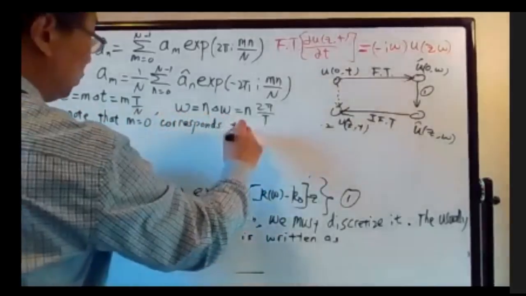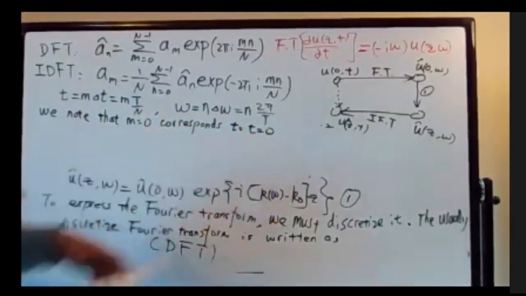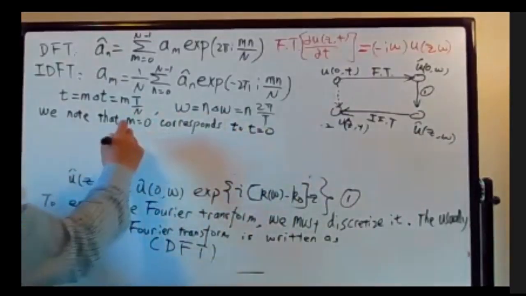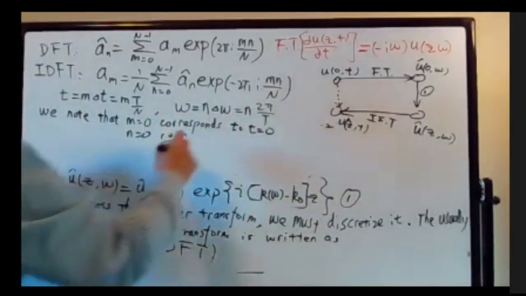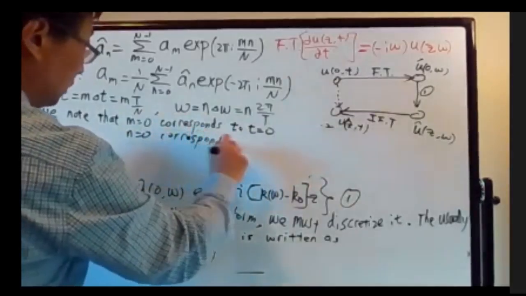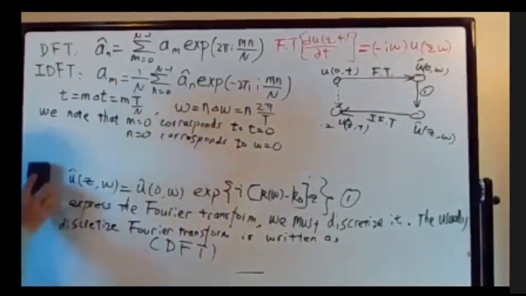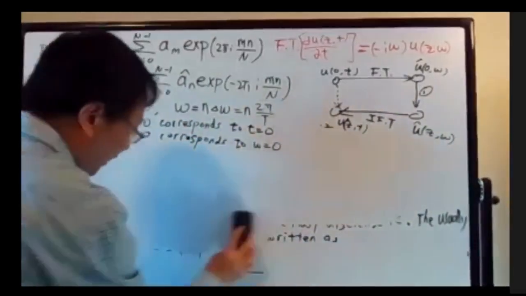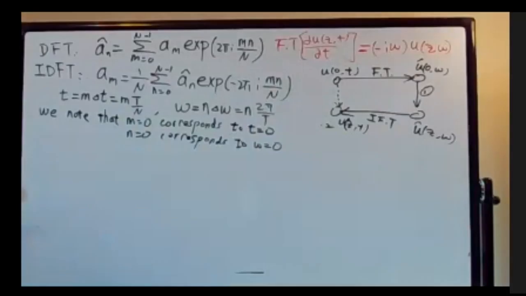M equal to 0 corresponds to t equal to 0, and n equal to 0 corresponds to omega equal to 0. So when we actually write it, we need to be careful about what it corresponds to.